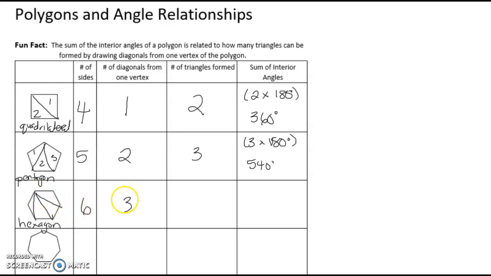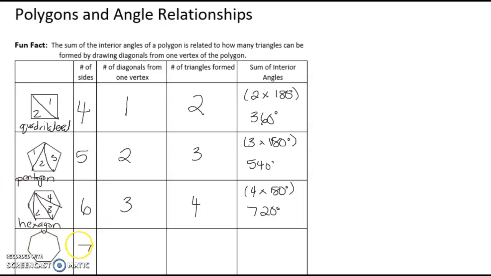So I just drew 3 lines. And if I count, I have 4 triangles. So now it's going to be 4 times 180 degrees. And that gives me 720 degrees.